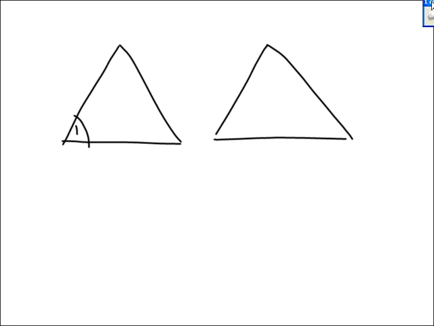If angle 1 corresponds to angle 1 here, and angle 2 and this angle are the same, there's no choice but for those angles x and y to be equal.